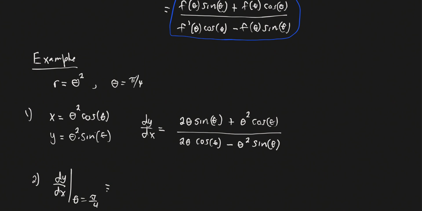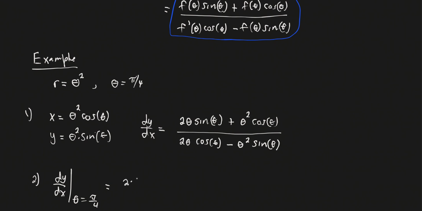You have things like pi over 6, pi over 4, pi over 3 in the first quadrant. Well, at pi over 4, sine and cosine, those ratios are exactly the same, and it happens to be the famous root 2 over 2. So let's just plug those in.